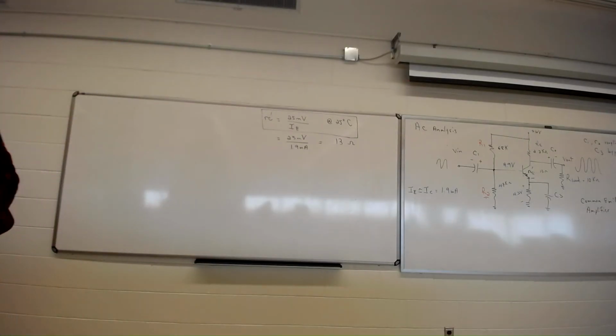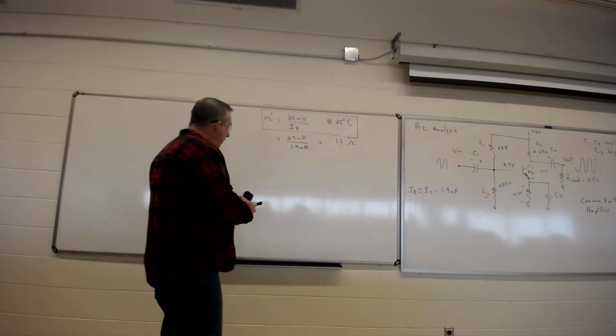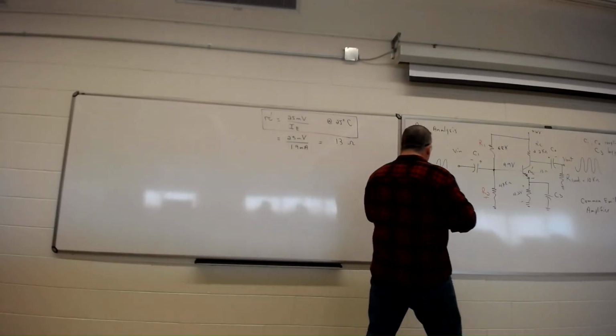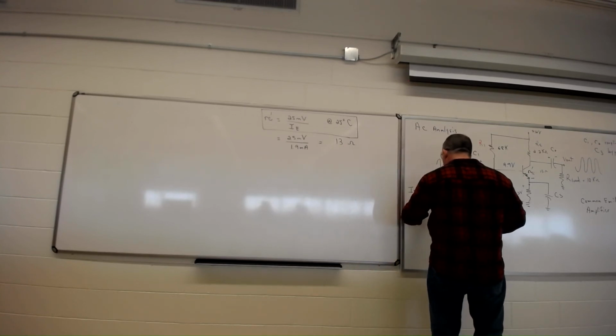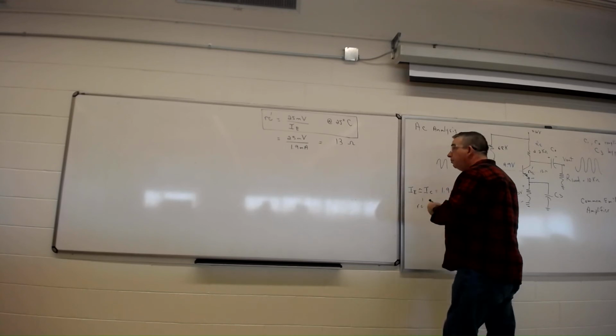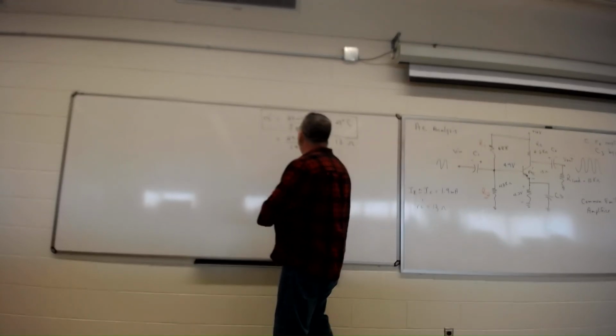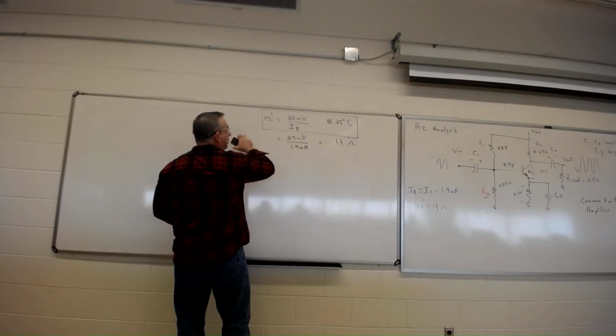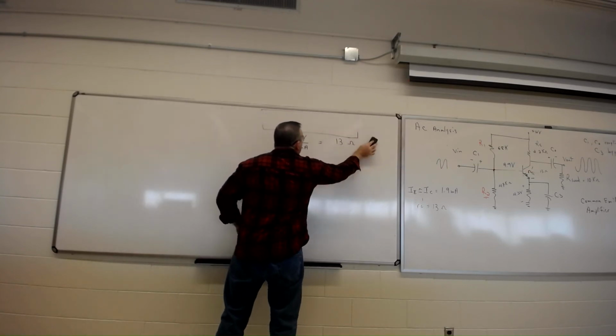So let's go through a set of formulas to help us figure out the voltage gain of this particular amplifier. I'm just going to record over here that we figured out r prime e. It's 13 ohms. So a few more formulas that you're going to save. This one's important.